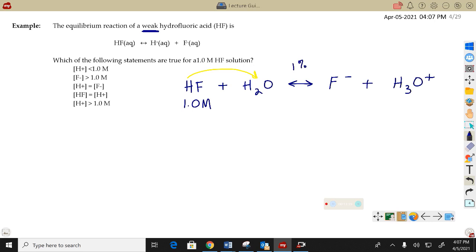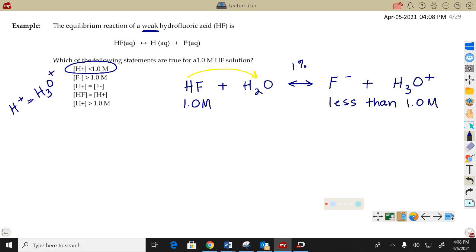And so the amount of fluorine ion and H3O plus is going to be way less than 1 molar. Okay, so the hydrogen ion will be less than 1. Yes, the fluorine ion will also be less than 1.